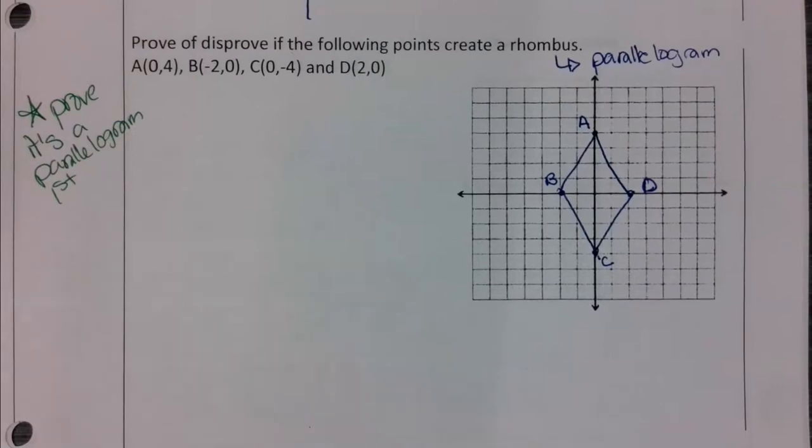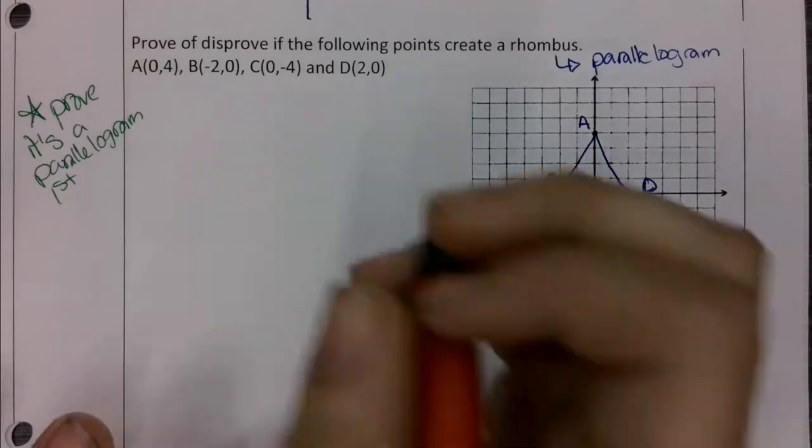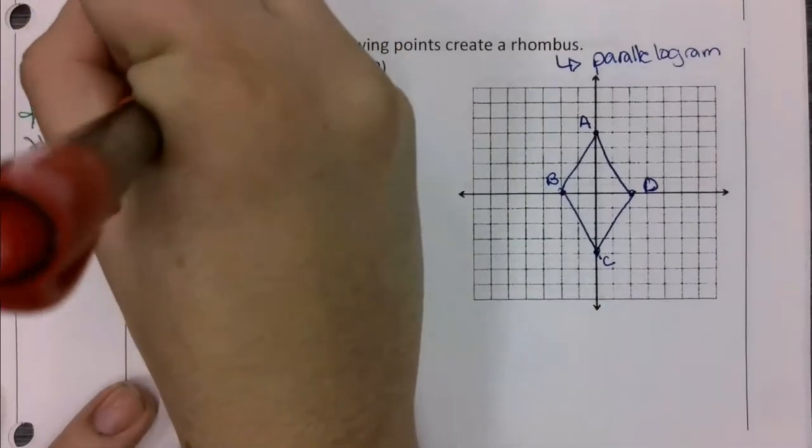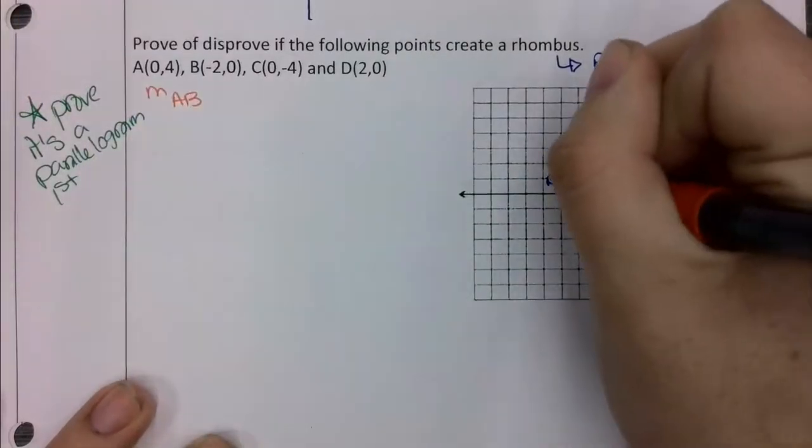Okay, so what was the first thing I did to prove that the first proof was a parallelogram? I had to go find all my slopes. So what is my slope for A to B?